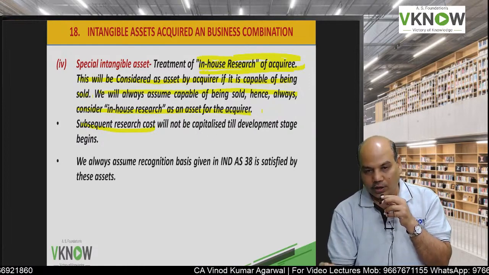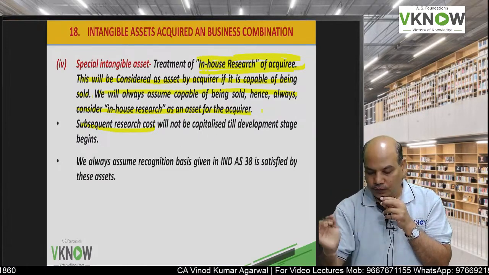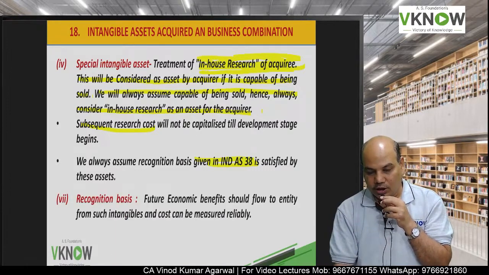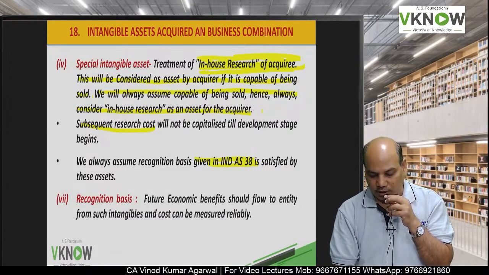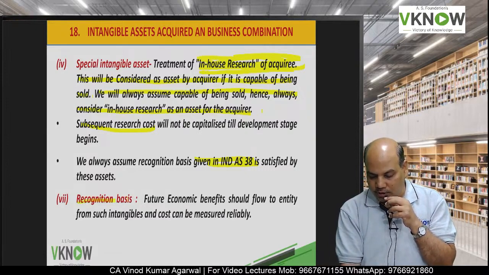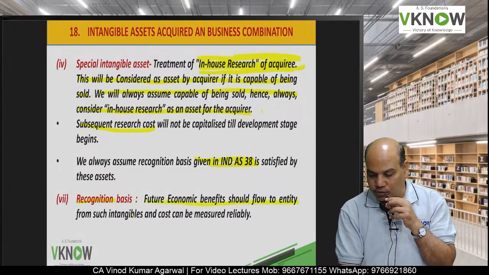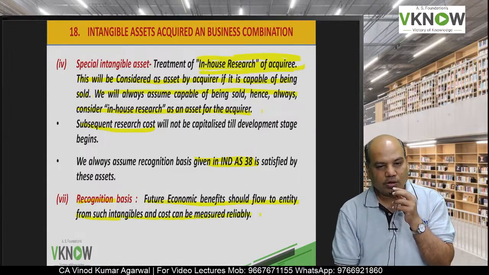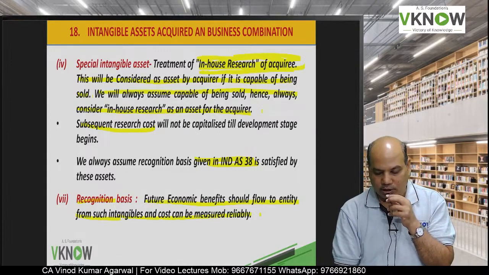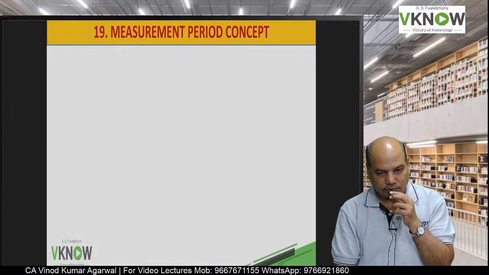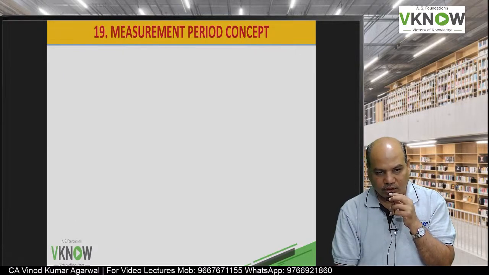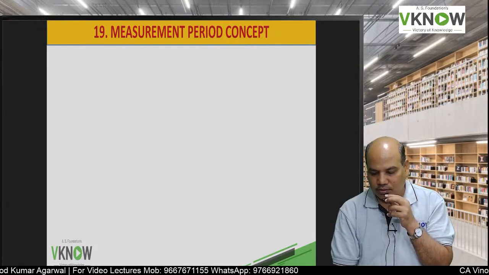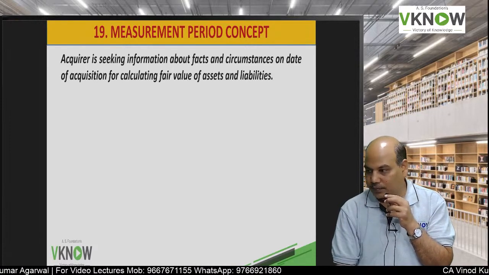But development cost, if you fulfill the condition given in IND AS 38, then development cost will be capitalized. Recognition basis: future economic benefit should flow to the entity from such intangible and the cost can be measured reliably. So in that case we can account for in-house research expenditure acquired from acquiree.